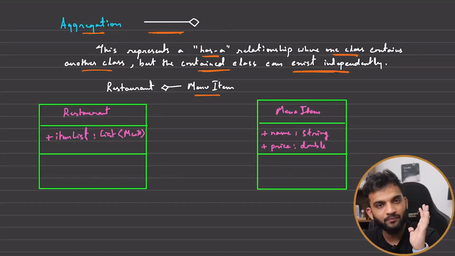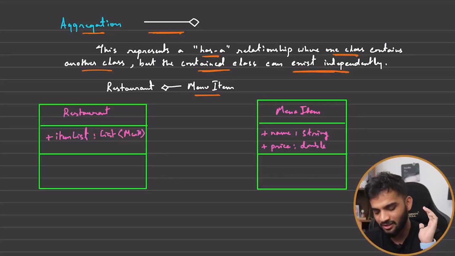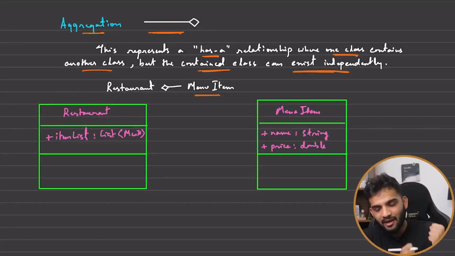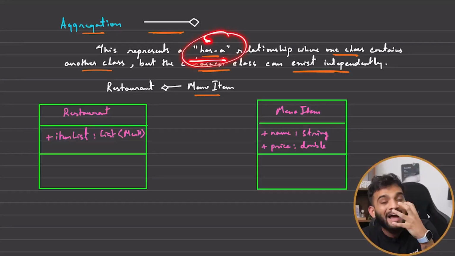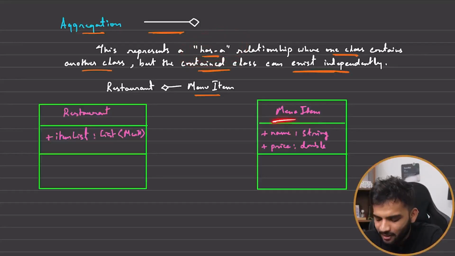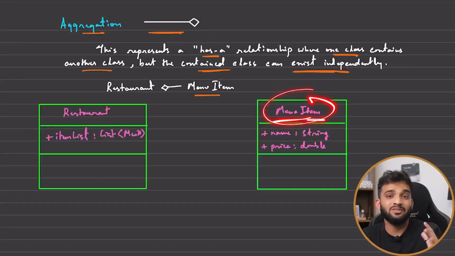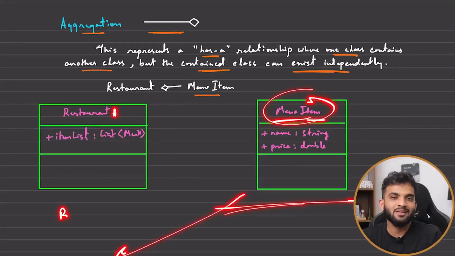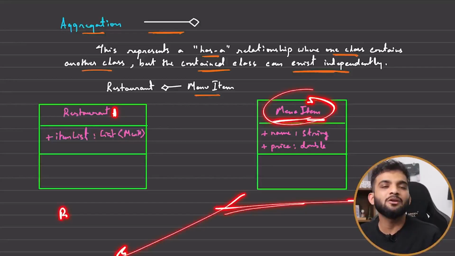Again, it can have its own methods. What I mean over here is the restaurant has a relationship with this menu item. But can the menu item survive on its own? Yes, it can. There could be a restaurant 1 and a restaurant 2, and restaurant 2 can also have this particular menu item.